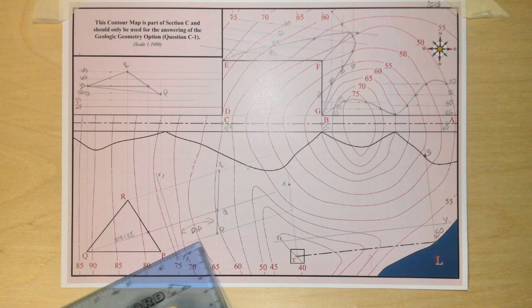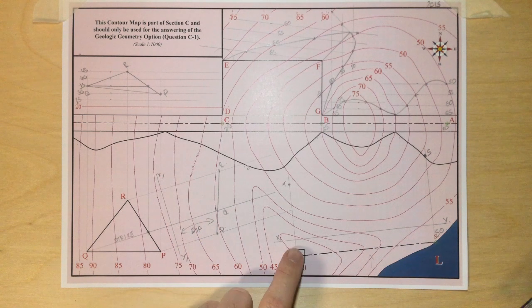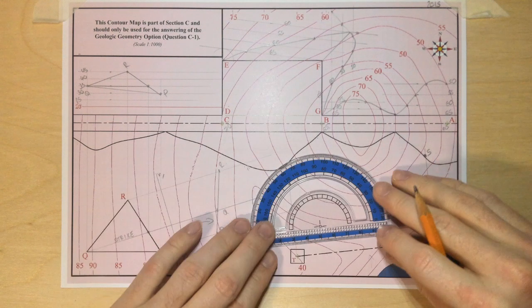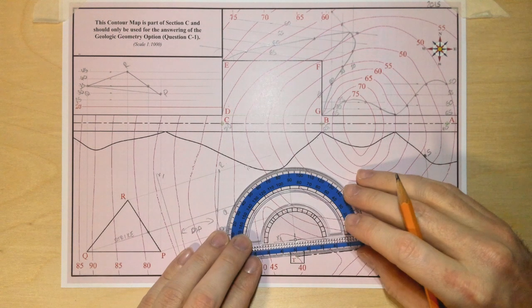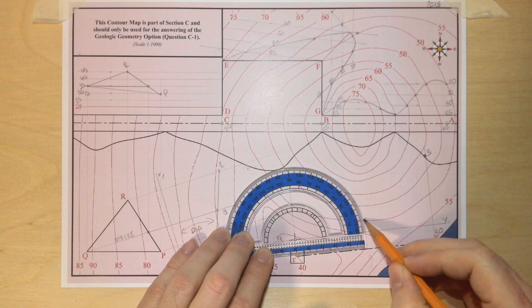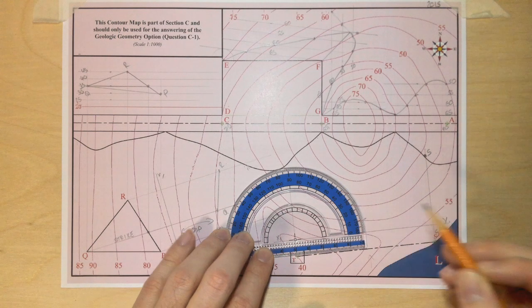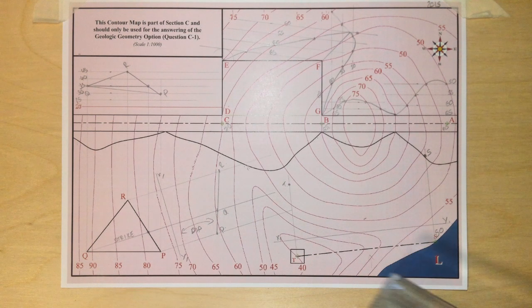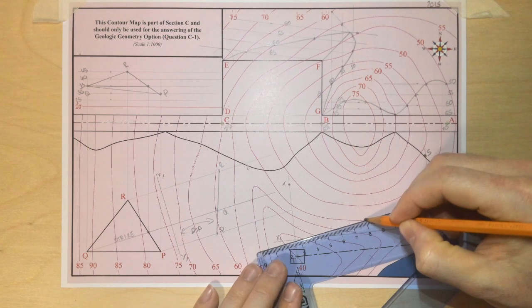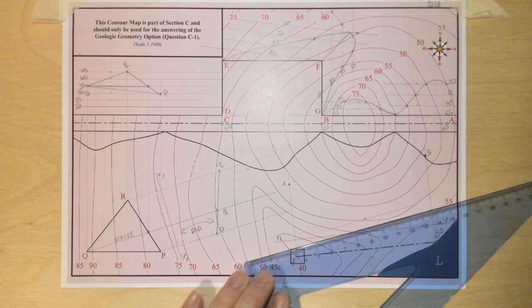And they wanted to fall at 10 degrees now. So you need to use your protractor and measure 10 degrees. So I'm going to go from the ground. Doesn't really matter what way you do this. Mark 10 degrees there. So that now is the angle of 10 degrees.